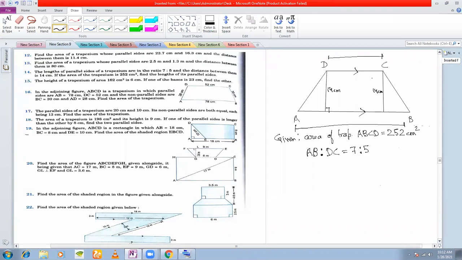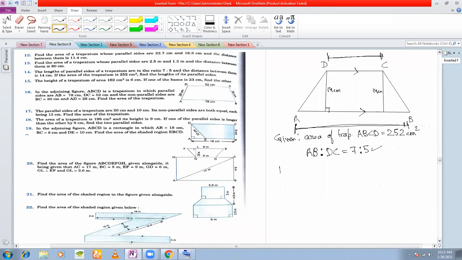These two are given, and the height of the trapezium, or the distance between the parallel sides, is given. You need to find out the length of the parallel sides. That is, ratio is given. You need to find out the actual length of this side AB and the length of this side DC.